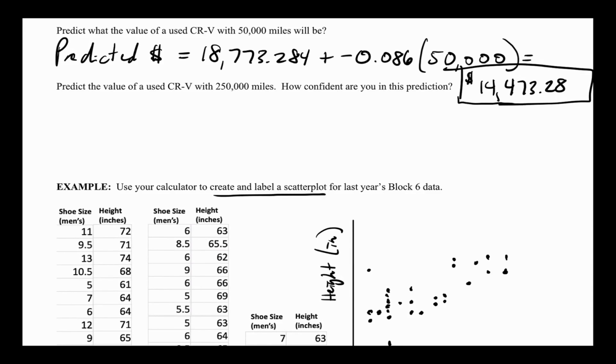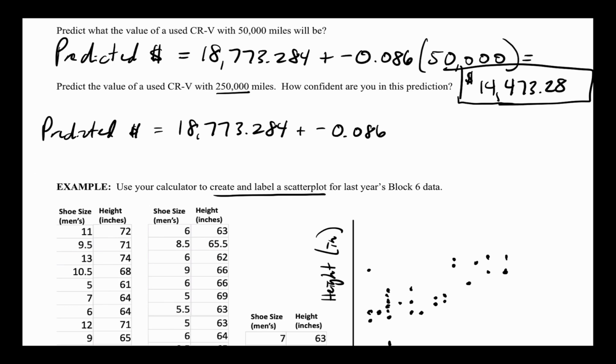Okay, so now we've got to predict the value of a used CRV with 250,000 miles. So we're going to use the same equation we just used. Predicted price is going to equal 18,773.284 plus negative 0.086 times, instead of 50,000, we're going to plug in 250,000.